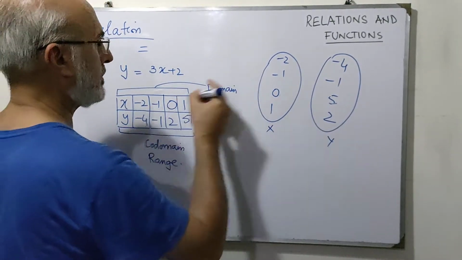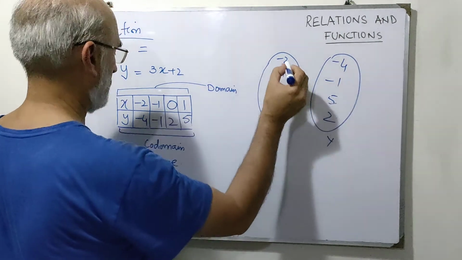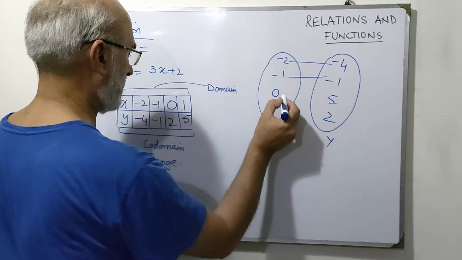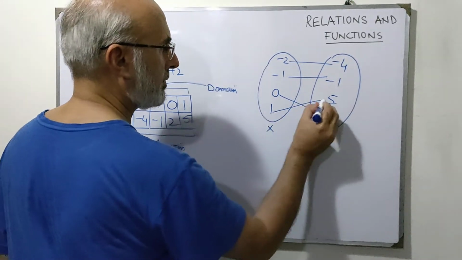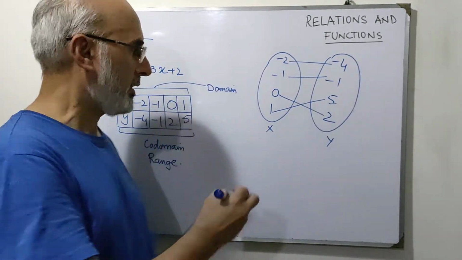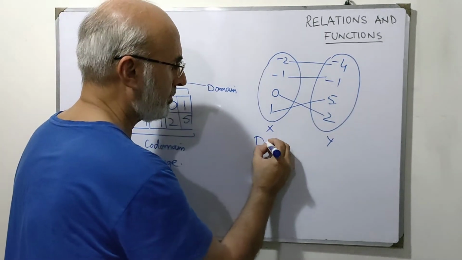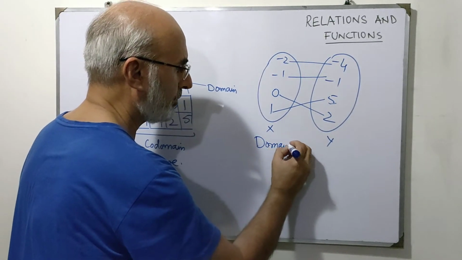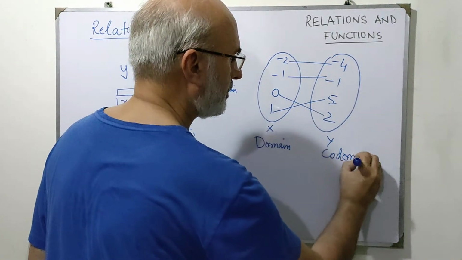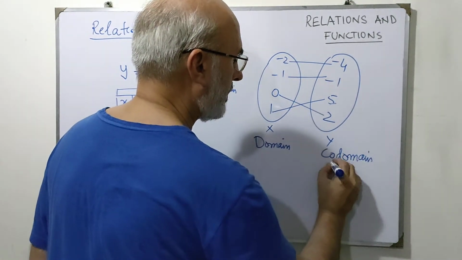Okay, so minus 2 is related with minus 4, minus 1 is related with minus 1, 0 is related with 2, and 1 with 5. So it's a mapping of x values with the y values. Here, of course, it is the domain, and this is the codomain or range.